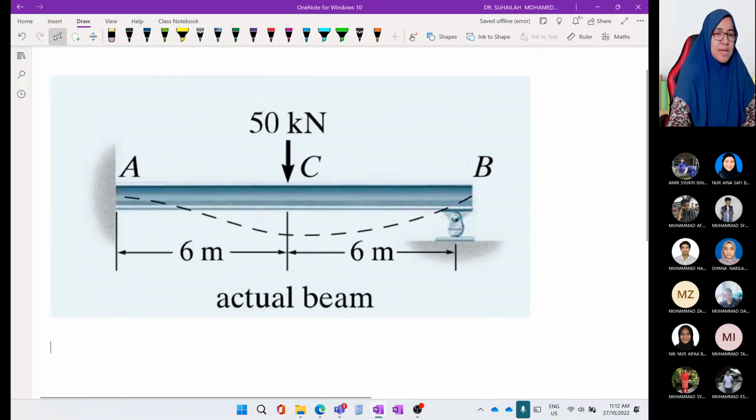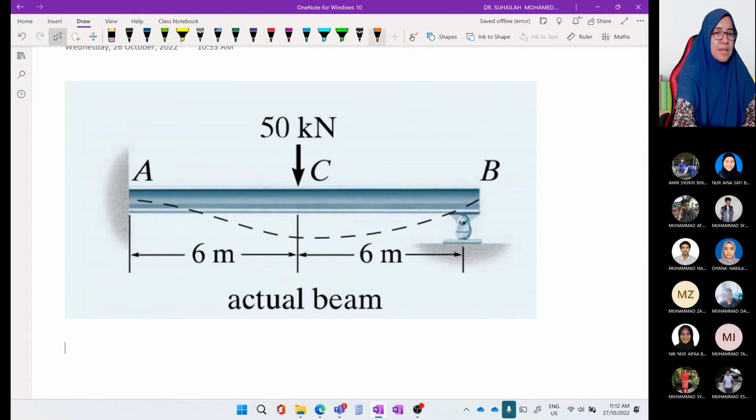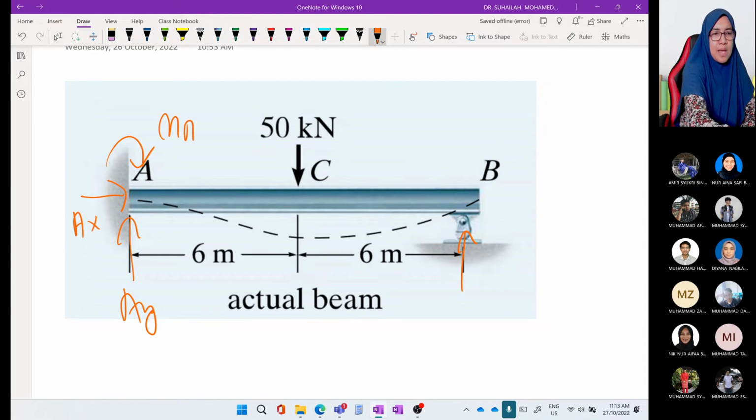Okay, so by looking at this diagram, we find that there are 4 unknown reactions: 1, 2, 3, and 4. We have AY, AX, and MA, as well as BY.